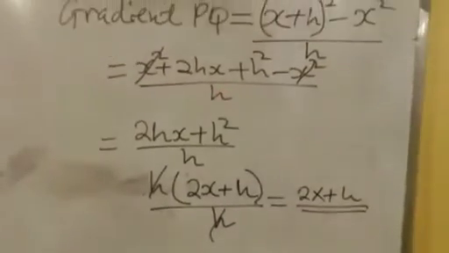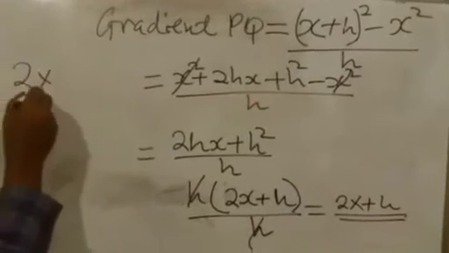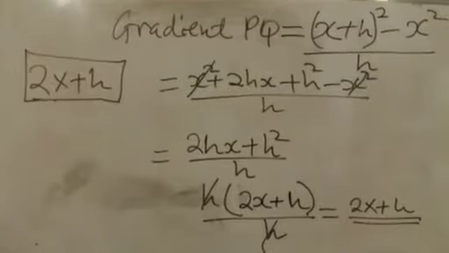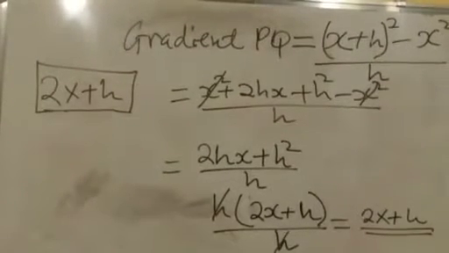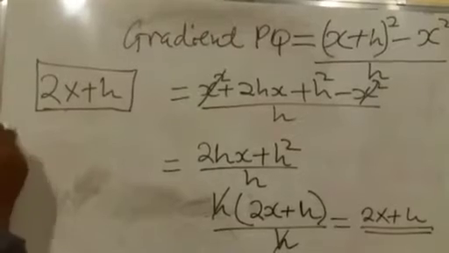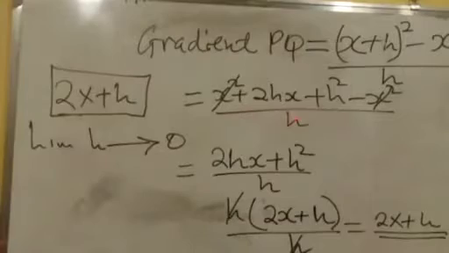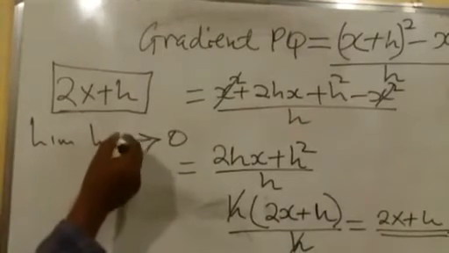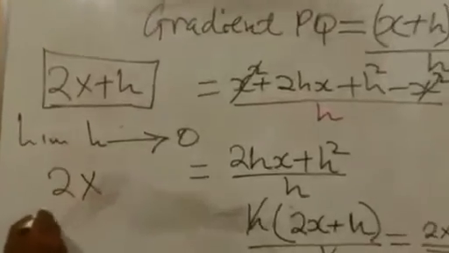Now, it's very important that we use this 2x plus h. Our value of h is tending to 0. The limit of h is tending to 0. So if this limit of h is tending to 0, then this h can be taken as 0. So we are going to remain with 2x.